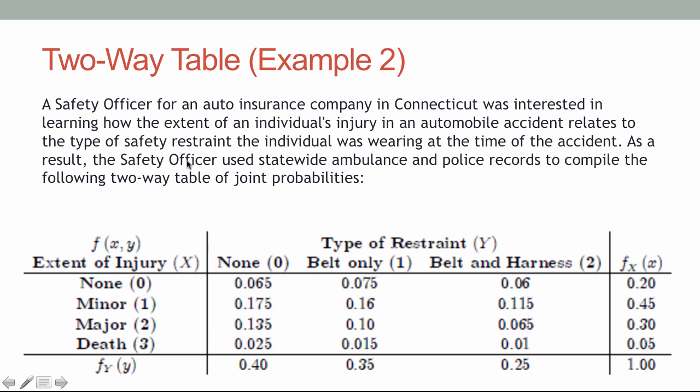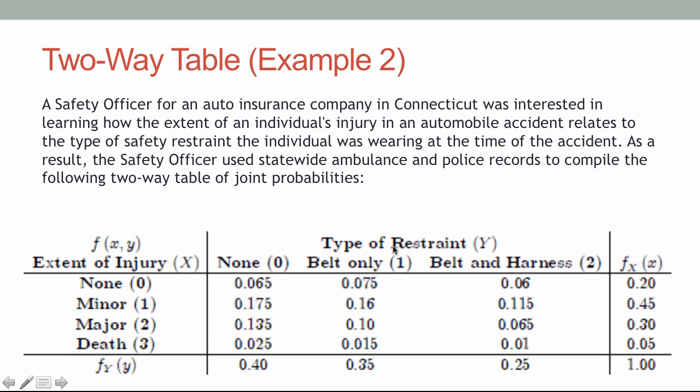As a result, the safety officer used statewide ambulance and police reports to compile the following two-way table of joint probabilities. So what do we have here? We have the extent of your injury, so people with no injuries, people with minor injuries, major injuries, and people that died. So we're keeping track of these variables.